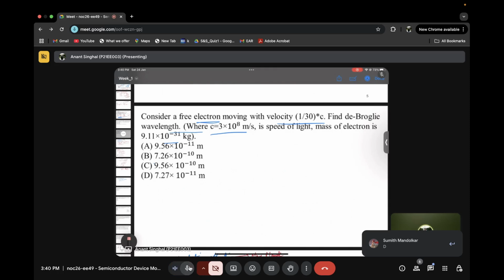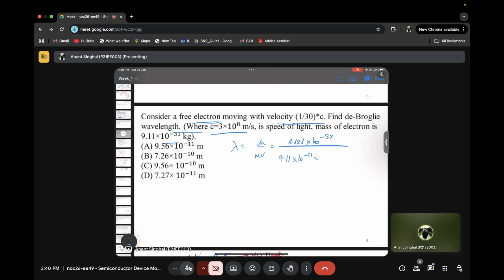Okay, so I've got one answer, D. Let's quickly calculate. This is quite easy. So C is given, so we know the wavelength is nothing but h by mv, right? So h is 6.626 times 10 to the power minus 34. Then we have mass, which is 9.11 times 10 to the power minus 31. And the velocity is 1/30th of this.